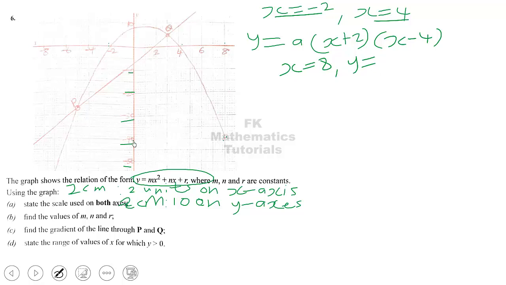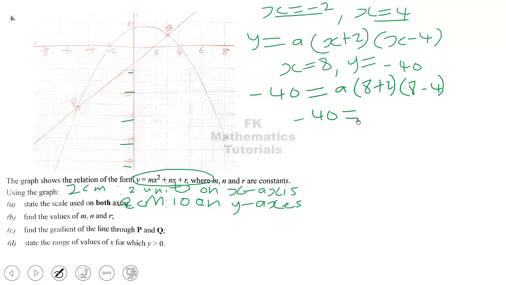So we can substitute: -40 is equal to a into bracket 8 plus 2, then 8 minus 4. So we'll get -40 is equal to 40a. So a will be equal to -1.